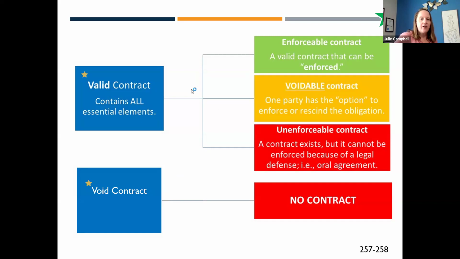A valid contract, unless challenged otherwise, is enforceable, meaning it'll stand up on its own in a court of law. If you take an enforceable contract to a judge and say, I want out, the judge is going to say, this is a valid contract.